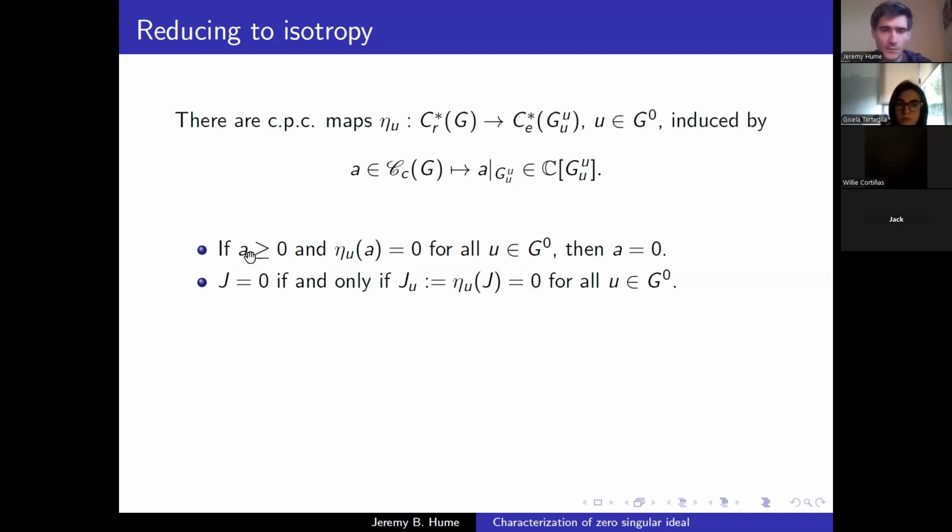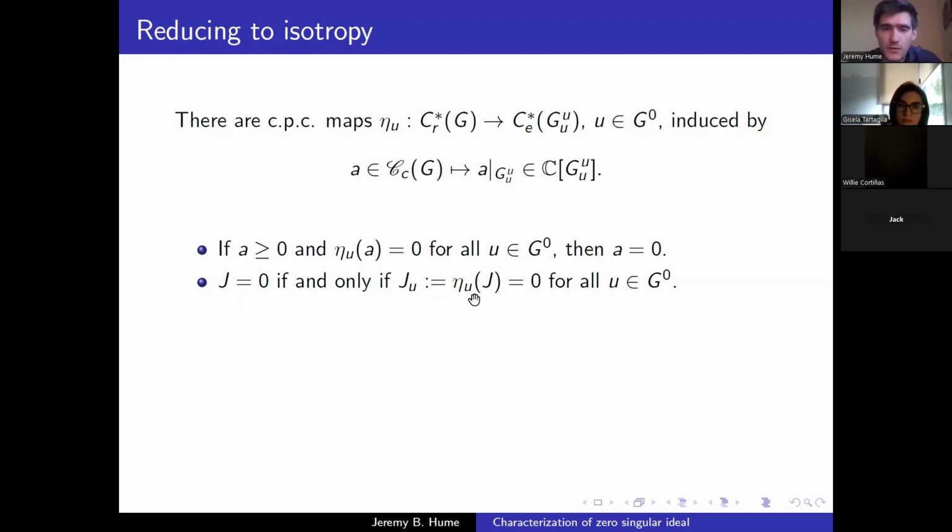If you have a positive element and under all these restriction maps it's zero, then that element has to be zero. Since ideals contain positive elements, the singular ideal is zero if and only if all of its images under these restriction maps are zero.